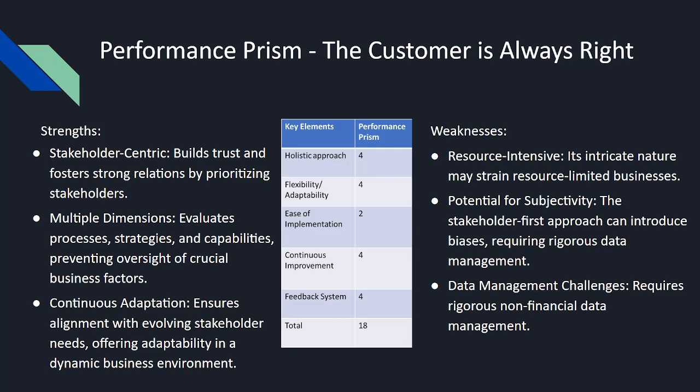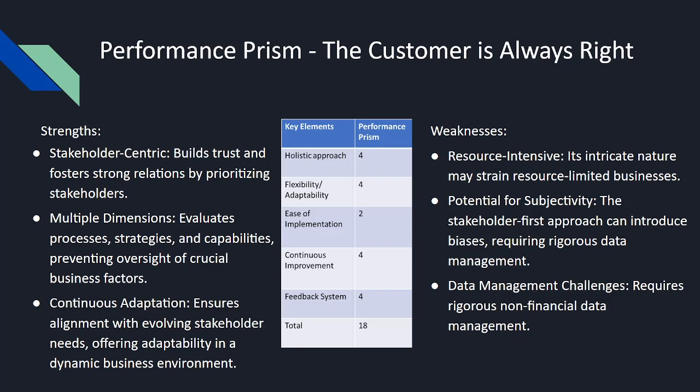It can introduce biases, and also trying to determine the weight of each stakeholder, which one is more important, which one is less important, also requires a lot of data. Finally, that data management requires a lot of non-financial data, which a lot of companies do not constantly keep up with. So it would be another type of resource that slows down the company.